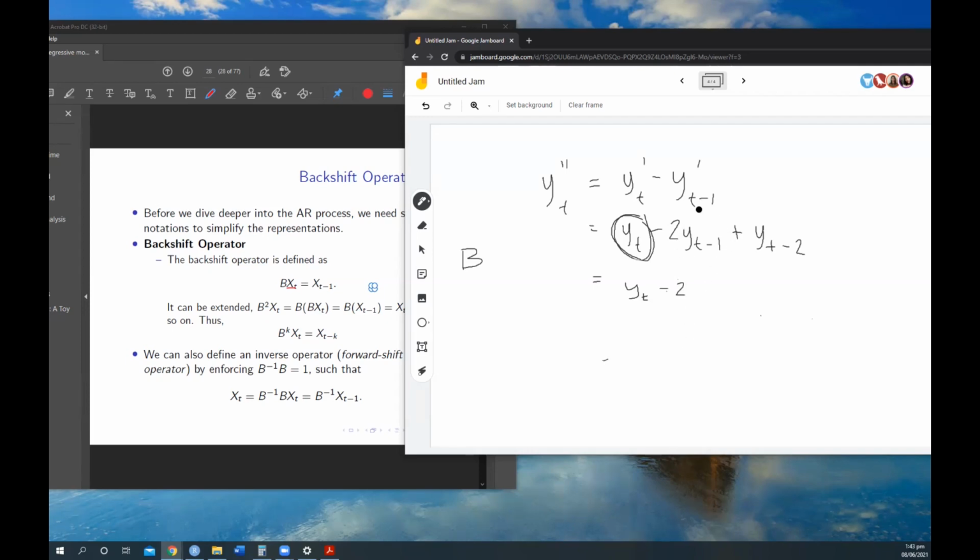So ito, i-express mo siya in terms of YT using backshift operator. So ano lalabas dyan? Y sub T minus 1. Paano mo to i-represent as Y sub T pero may backshift operator? So, B YT, di ba, is equal to YT minus 1. Tama? Opo. So, yan yung lalagay mo. So, in terms of YT na lang sila lahat.